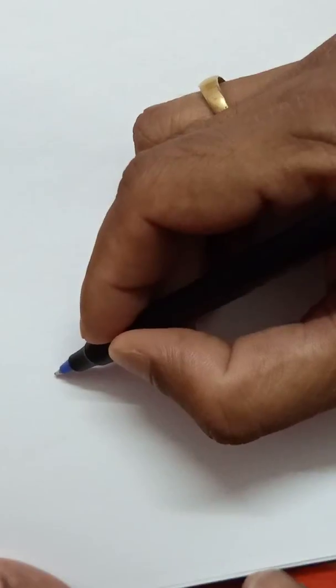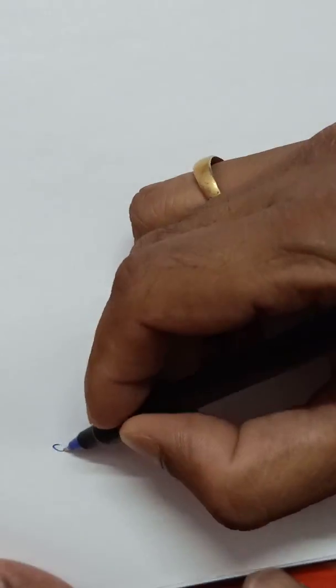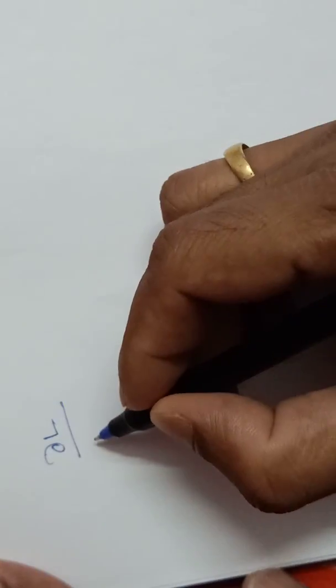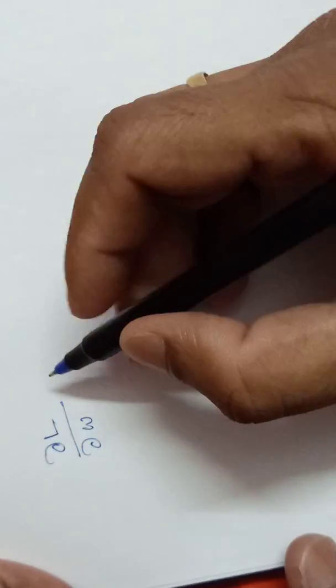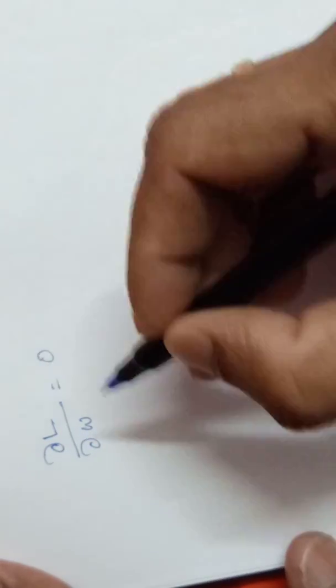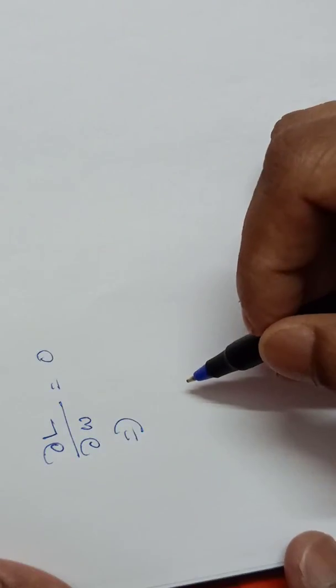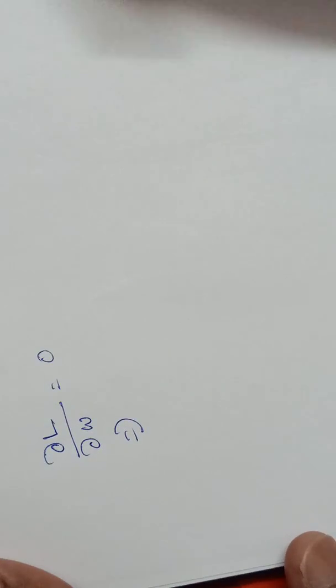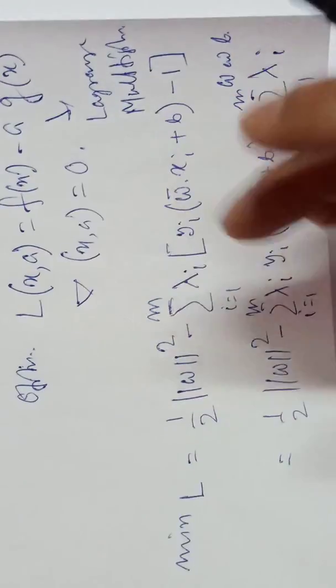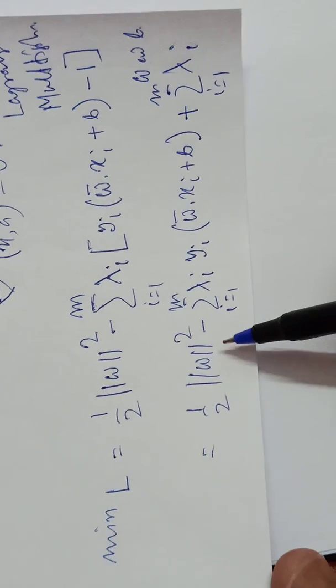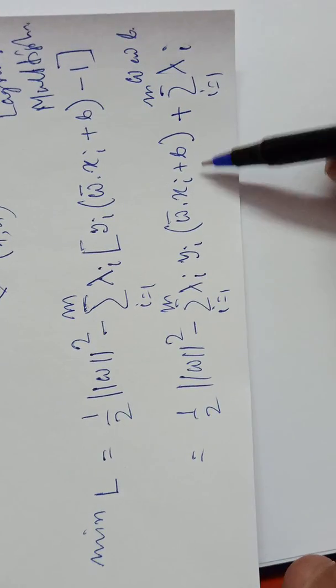So here we can write the delta L by delta W is 0. That implies, here you see the equation that we have written is equal to half of norm square minus this and this.